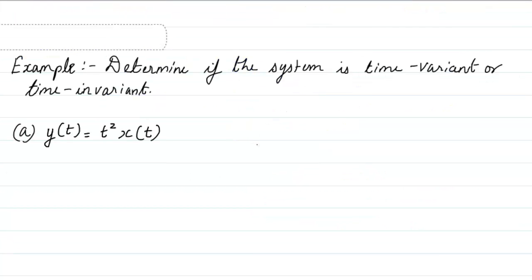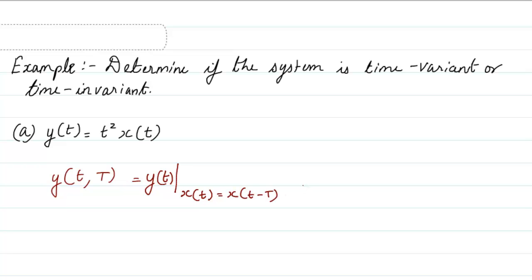Determine if the system is time variant or time invariant. So as we have learned, we have to find out y of t comma capital T, which is the output of the system y of t when the input is the delayed input x of t minus capital T. Here, if we substitute in the above equation, then we will get t square, and instead of x of t we will write x of t minus capital T. Whereas what is y of t minus capital T?